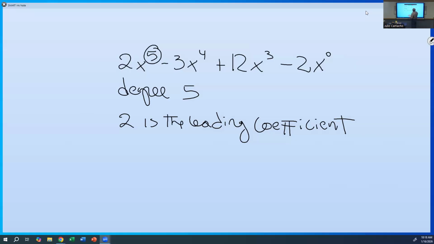Imagine that the greatest exponent is here. It's still the greatest exponent because it's the highest one. But then you need to find what number is multiplied to the variable that has the highest power in order to answer the question, who is the leading coefficient? Everybody got that?